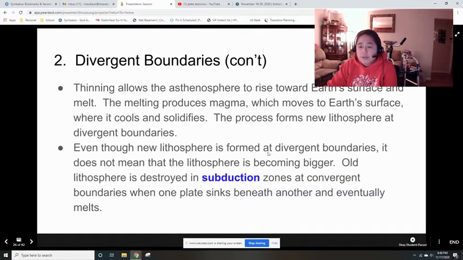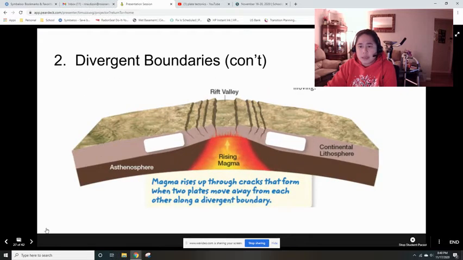Even though new lithosphere forms at divergent boundaries, it does not mean that the lithosphere is becoming bigger. Old lithosphere is destroyed in subduction zones at convergent boundaries, where one plate sinks beneath another and eventually melts. So again, you should remember when we did this with seafloor spreading, you're going to have one arrow go to the right and another arrow go to the left.